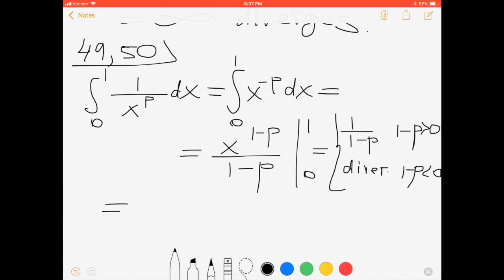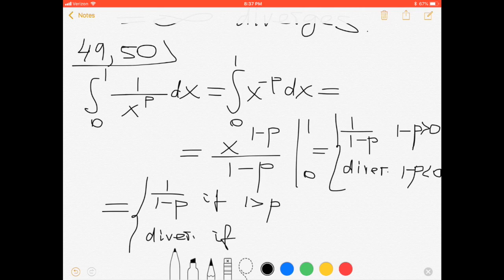Okay, maybe we rewrite one more time. Our answer is 1 over 1 minus p if p is lower than 1, this means 1 greater than p, and it diverges if p is greater than 1.